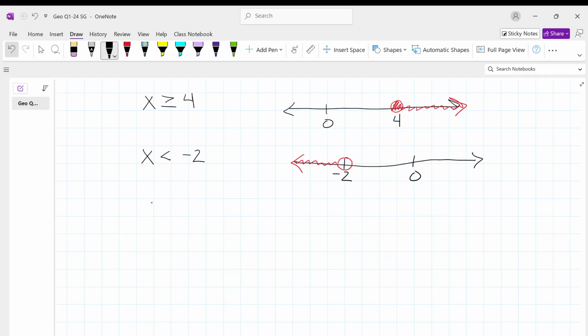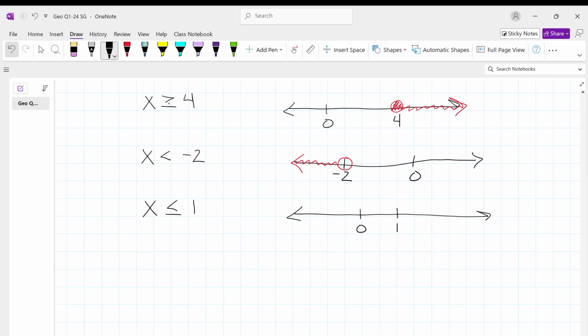And if we have x that's less than or equal to 1, we've got our number line, we put 0 on it, and the number we're graphing.